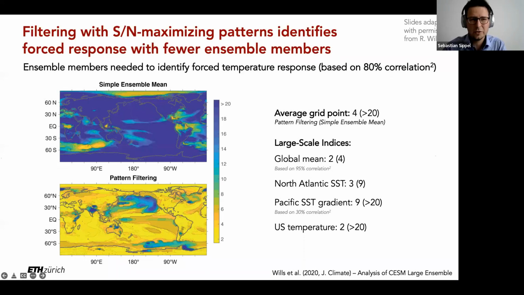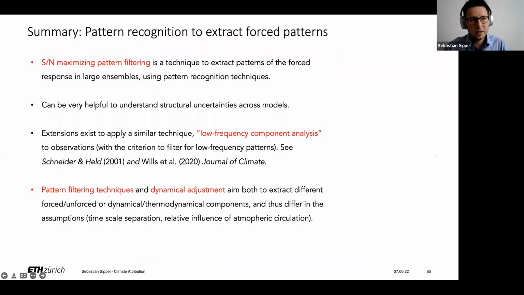So ensemble averaging is good in theory, but not good in practice, because it's just not very effective. However, if you do this pattern filtering, then a few ensemble members, on the order of 5 or so, gives you a reasonably good estimate of the forced response. So if it's about getting regional patterns of forced changes across different climate models, this is in my opinion a really useful pattern-based technique.